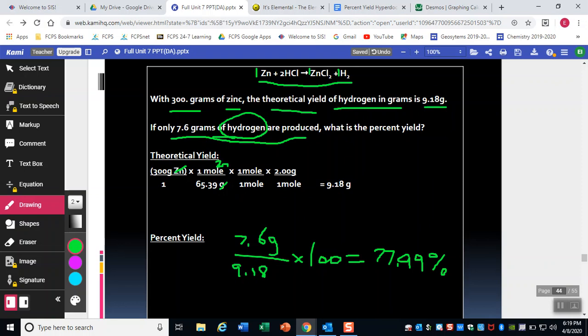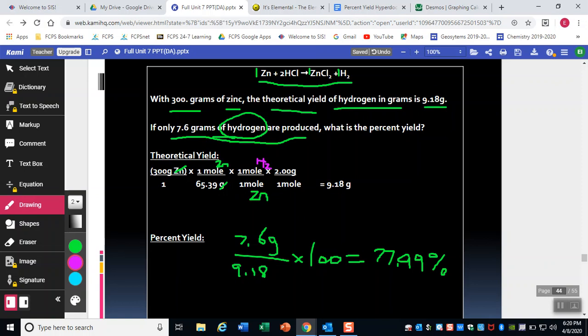So what this means is if I want to convert from moles of zinc to moles of hydrogen, here's moles of zinc, diagonal, and now I want to go to moles of hydrogen. I can do that because according to this, 1 mole of zinc equals 1 mole of hydrogen.